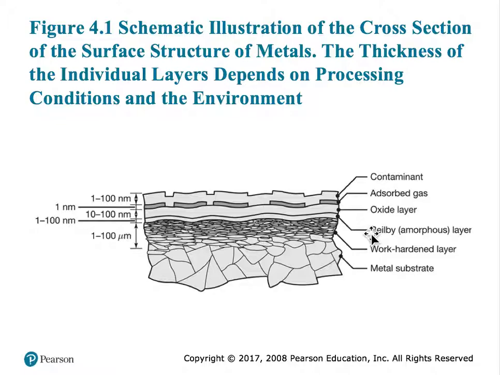If you have some kind of case treatment or heat treatment that you have done, there could be some adsorbed gas. Then you can have an oxide layer, and you might also find some amorphous layers, and you might have what is called a work hardened layer, and then the bottommost layer is the substrate material itself. The thicknesses of the individual layers will depend upon how the processing was done and what kind of environment was used to process these materials.